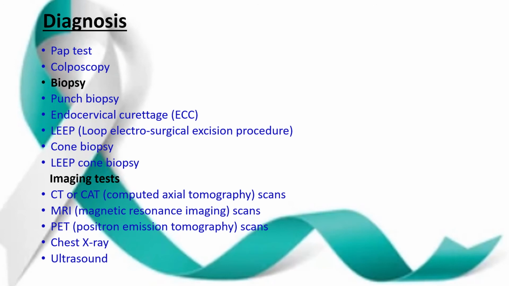Let us see the diagnosis for cervical cancer. The Pap test is done to find out if there is any precancerous lesion. The other one is colposcopy, an instrument used to look more closely at the area of abnormal tissue on the cervix or the vagina. Biopsy.